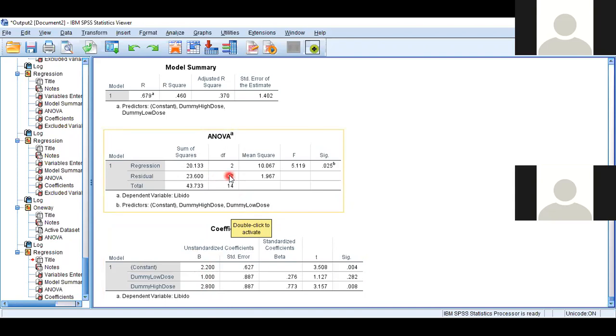And the total degree of freedom is sample size minus 1, so it's the same thing. When you divide this by this, it gives you this here. Can you see it's exactly the same?